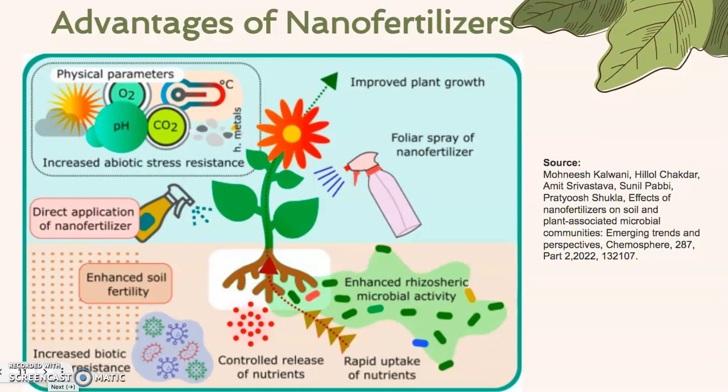Hence it will be able to overcome whatever nutrient deficiencies are there. So these nanofertilizers can be directly applied on the soil to increase the soil fertility, or even foliar spray of nanofertilizers is possible, which will lead to the targeted application of these fertilizers on the plants.